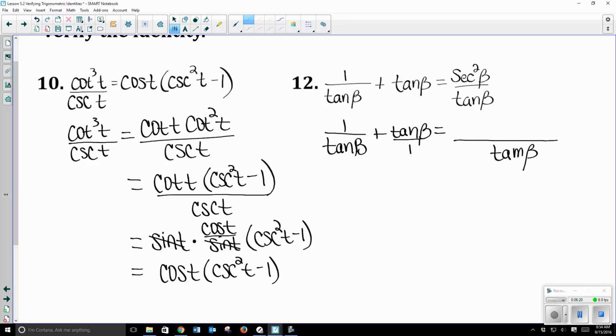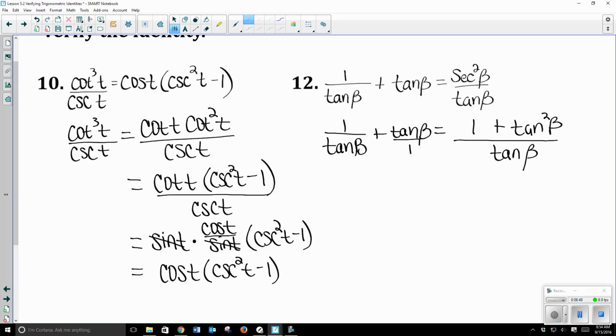Okay, so here's where you're going to have to remember how to add fractions. So tangent goes into tangent once. 1 times 1 is 1. Bring over your sign. 1 into tangent goes tangent times tangent, tangent squared.